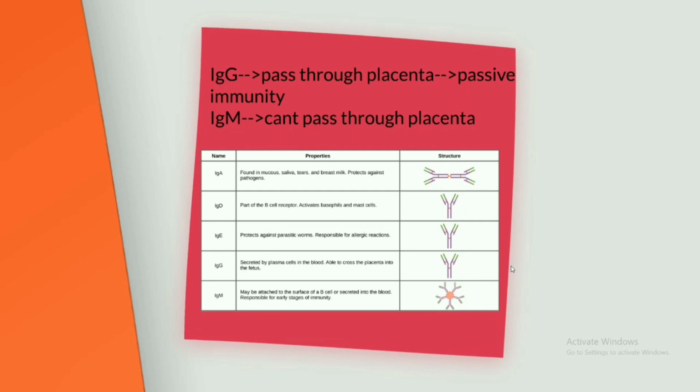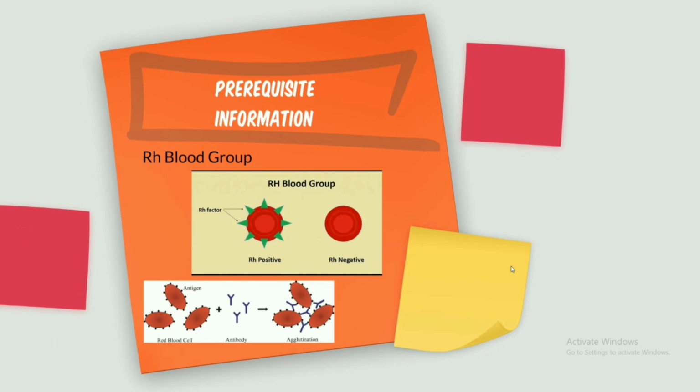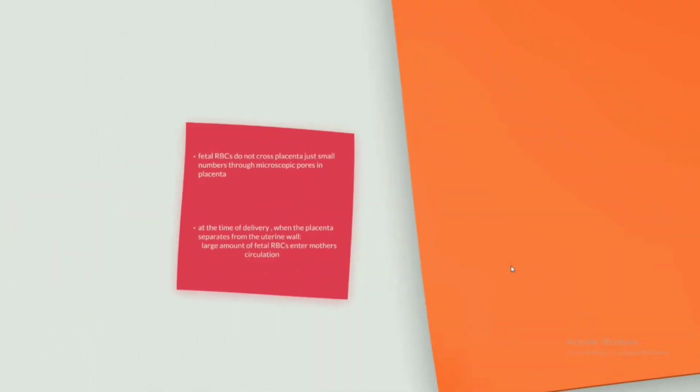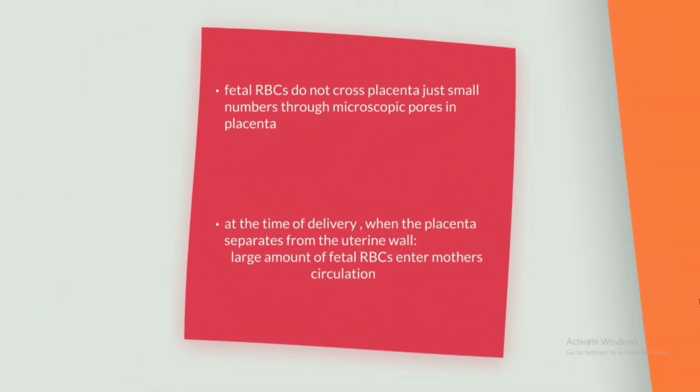But IgM cannot pass through a placenta. Fetal RBCs do not cross placenta, just small numbers through microscopic pores in placenta. At the time of delivery, when the placenta separates from the uterine wall, a large amount of fetal RBCs enter mother's circulation.